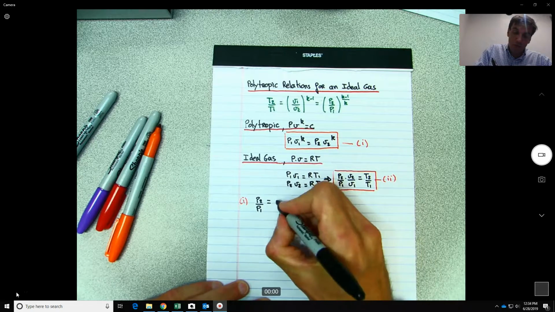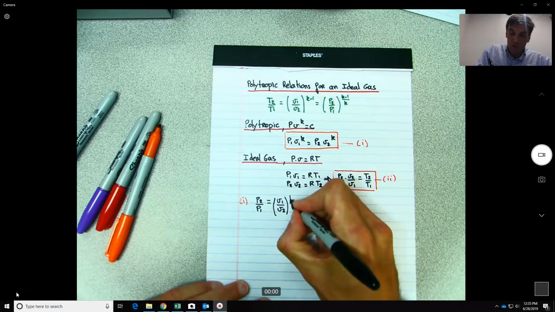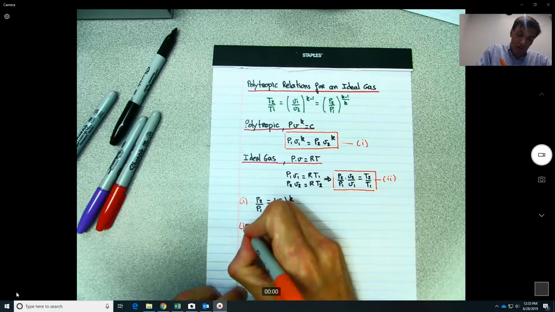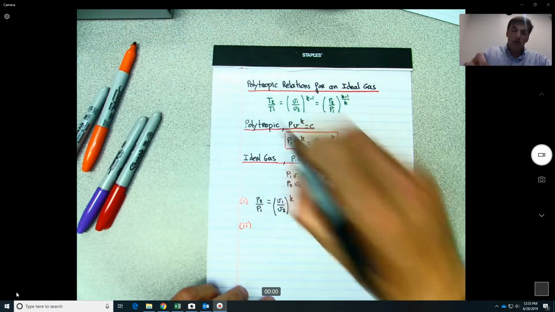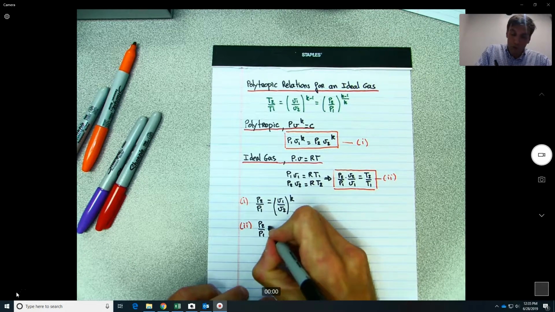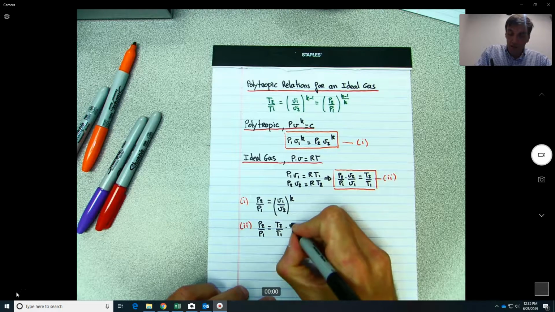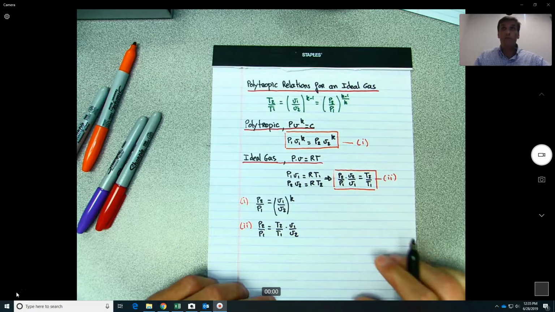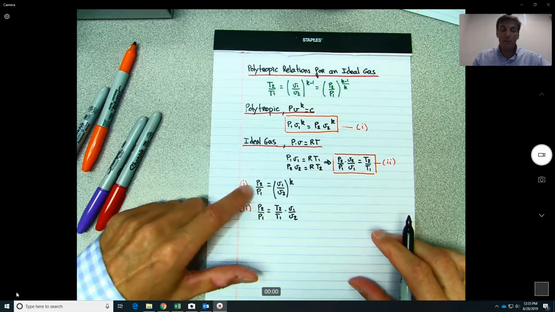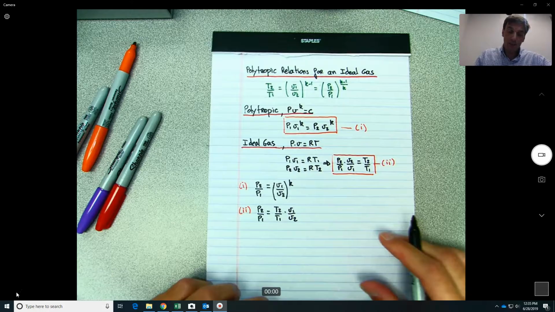P2 over P1 will be equal to V1 over V2 to the K. Now, from the second expression, we can write down P2 over P1 will be equal to T2 over T1 times V1 over V2. So now we have two expressions equated to the same thing. So if we equate this equation here to this one, then we will eliminate the pressure.